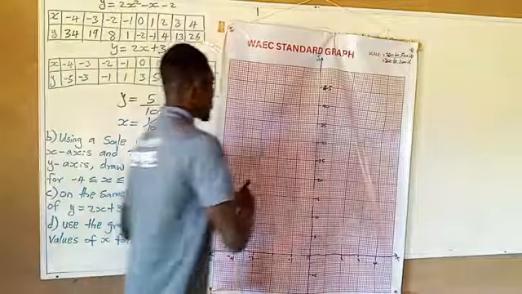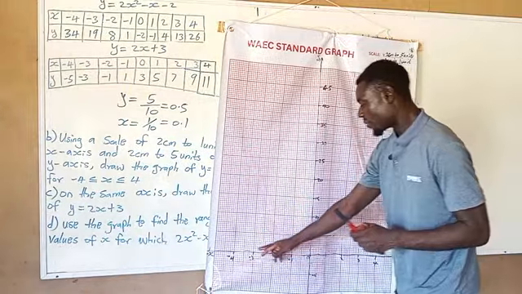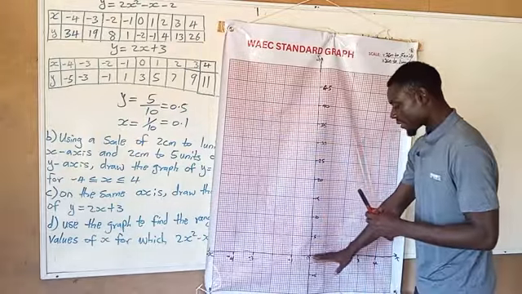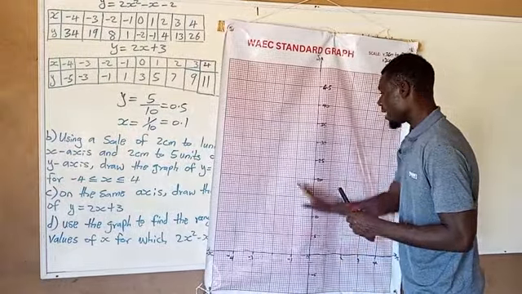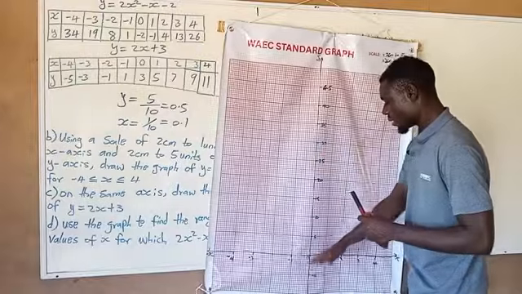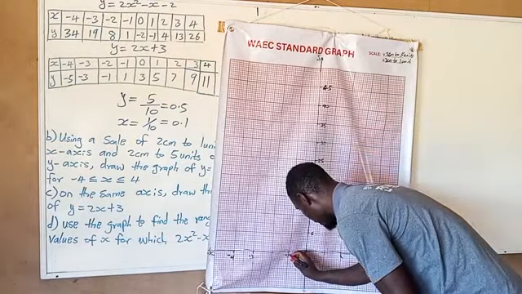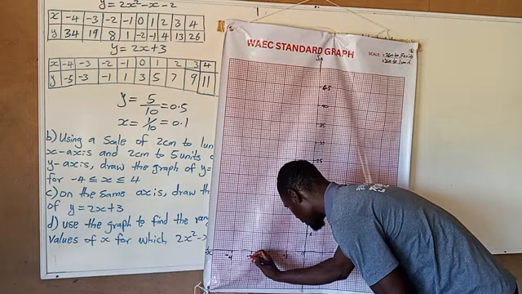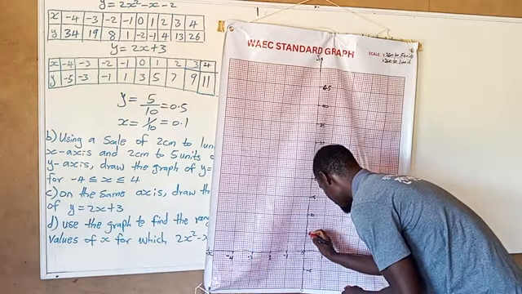So each of these small boxes for your x-axis is 0.1, while that of the y-axis is 0.5. So I've collected the scale here, and this point is our point of origin. And with the help of the calculation here, we know that here is 1, here is 2, here is 3, here is 4, here is 5.